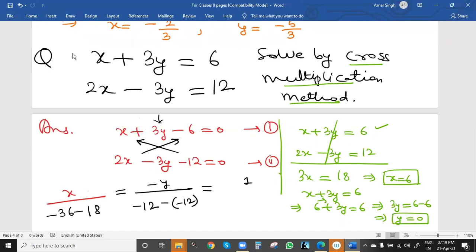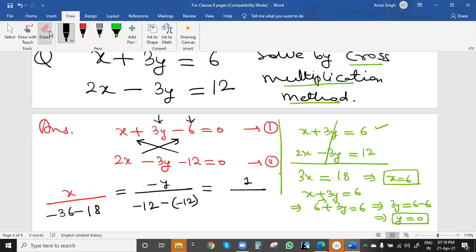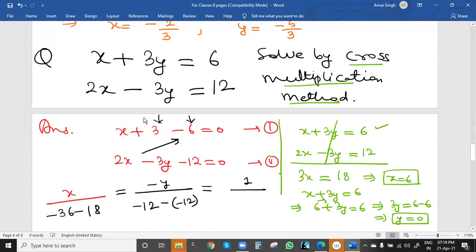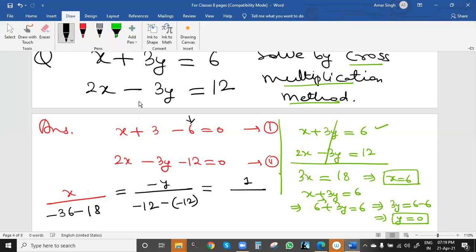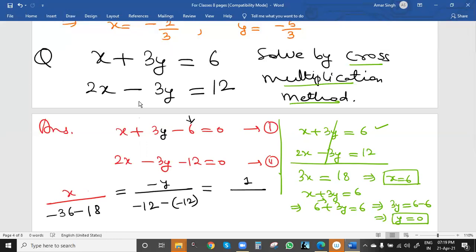Then again plus sign 1. The 1 is for the constant, this column we'll ignore, and we'll focus on the last two columns. So this was y, x plus 3y, right? So we'll focus on these two. First we do the right cross: minus 3 into 1, minus 3, then minus 2 into 3, minus 6. Completed.